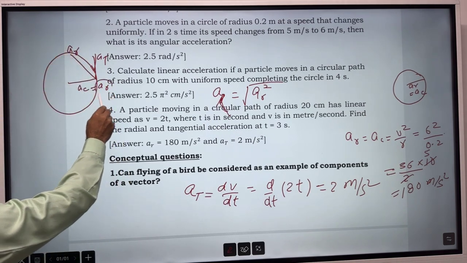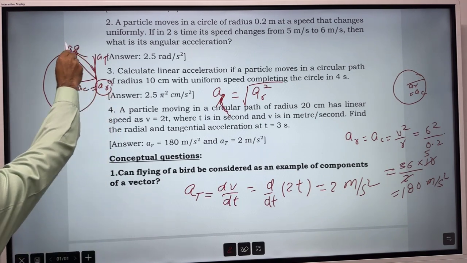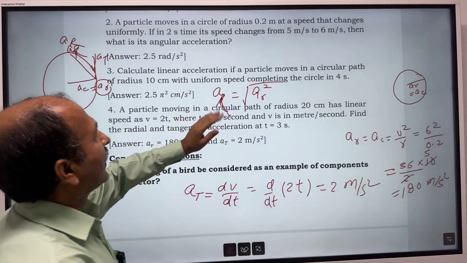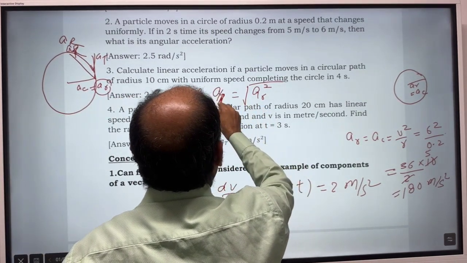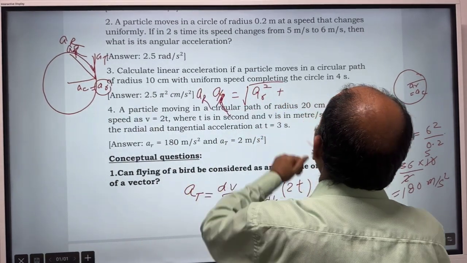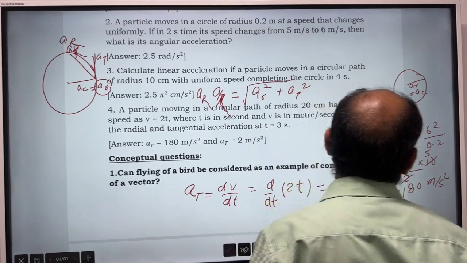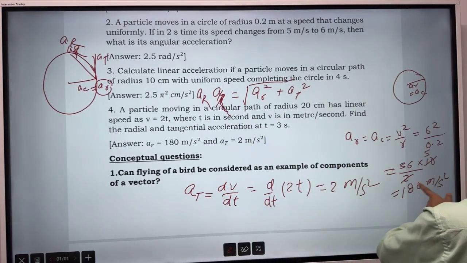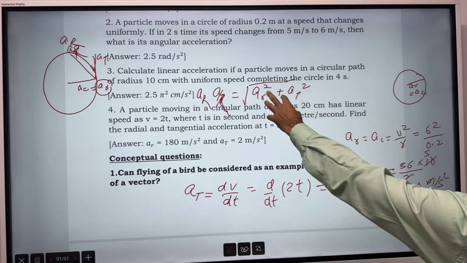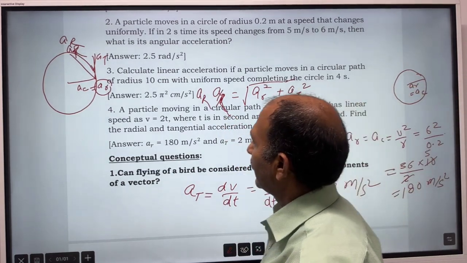But if you are using small r here as subscript, in that case you can take resultant as A capital R. So here our concern is to get A capital R. This A capital R. So AR square or AC square plus AT square. And you have the values of AR or AC and also AT. So you can put these values here, square them and add, and then find out square root. You will get resultant acceleration.